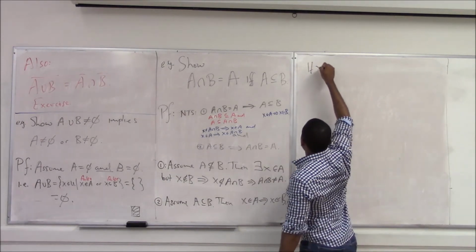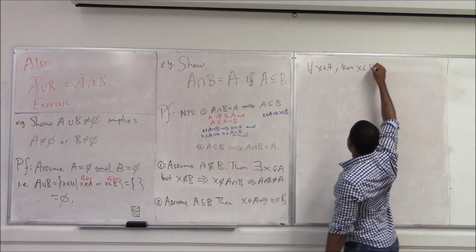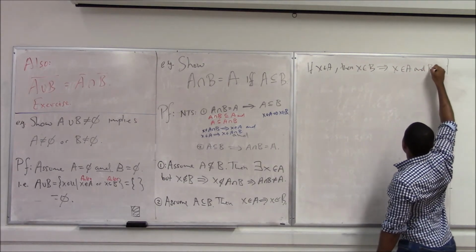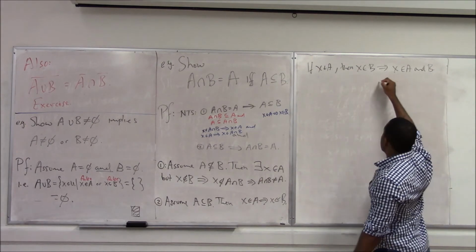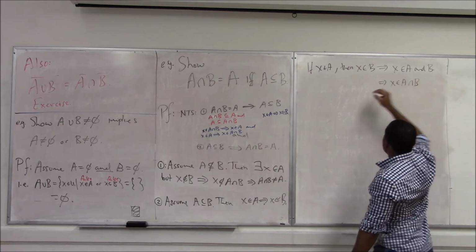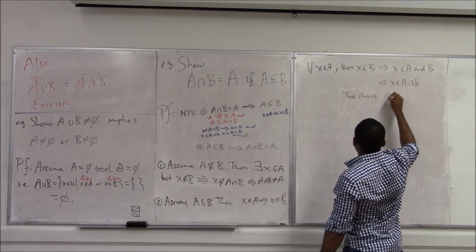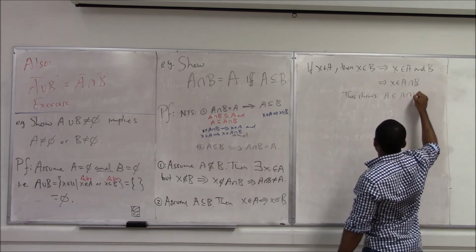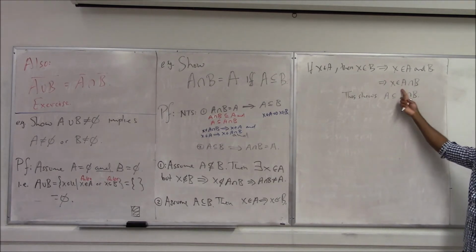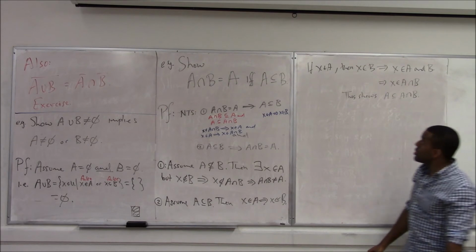So if x is in A, then x is in B, which means that x is in both. And this shows that A is a subset of the intersection, because I assumed x was in A, I got that x is in the intersection, the implication goes this way, I showed this subset relationship.